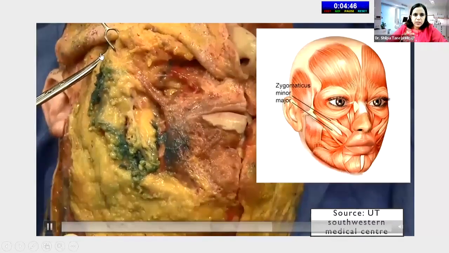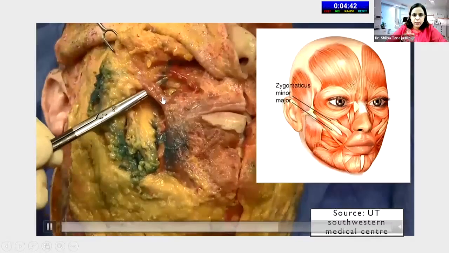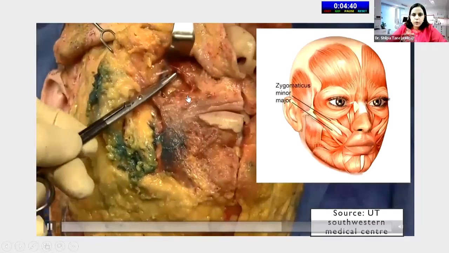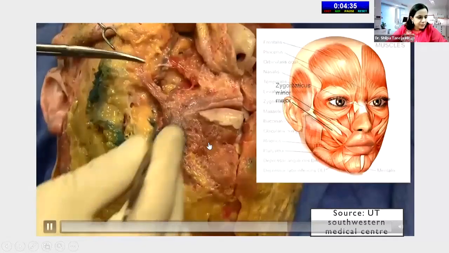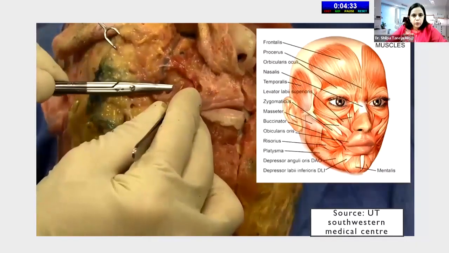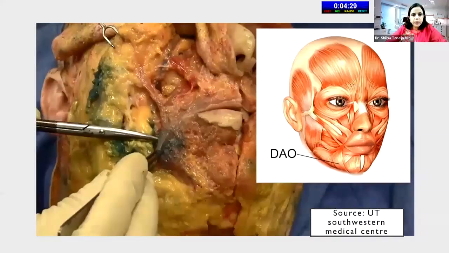When we inject for crow's feet, if by mistake injected into the zygomaticus major muscle, it can cause drooping of the angle of the mouth. That's why the crow's feet injections should be really superficial and carefully subdermal.